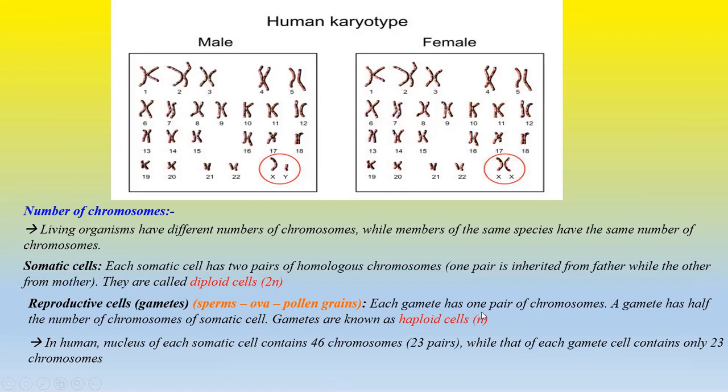Each gamete has half the number of chromosomes of the somatic cells. I will show you how their karyotype becomes half.